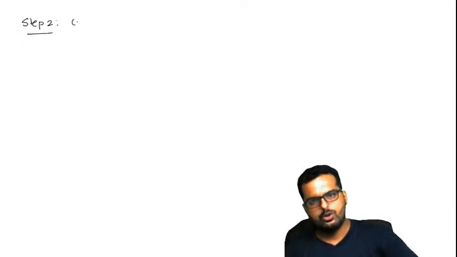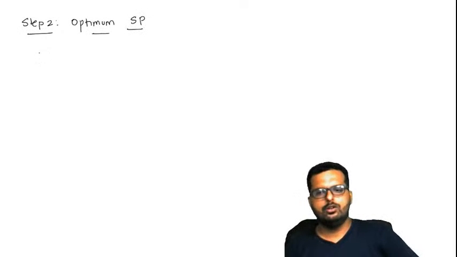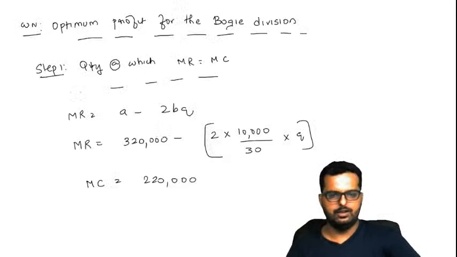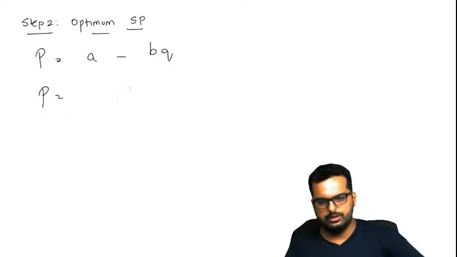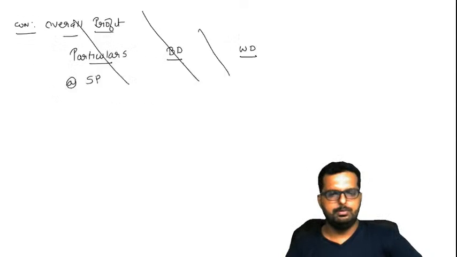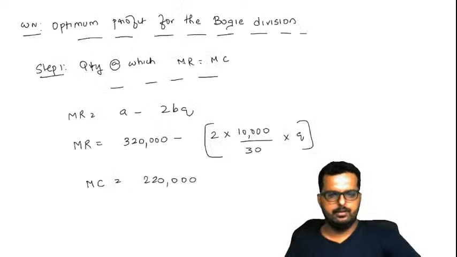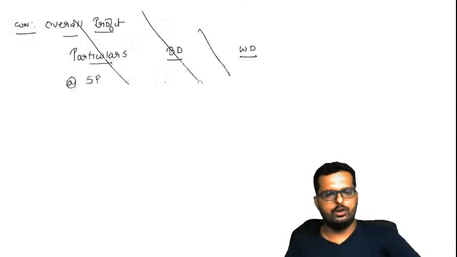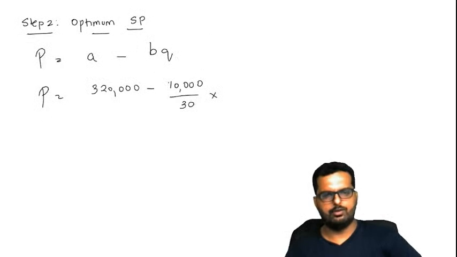Step number 2 would be optimum selling price. Here I'll write P is equal to A minus BQ. How much is A? 3,20,000, minus B, which is 10,000 divided by 30, into Q, which we got as 150 units.